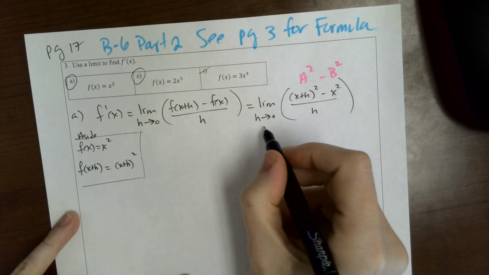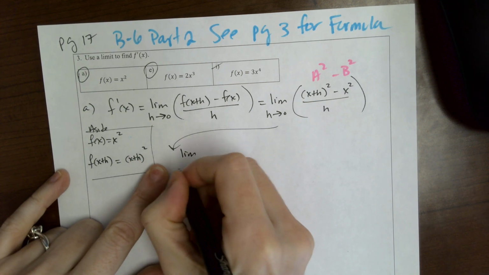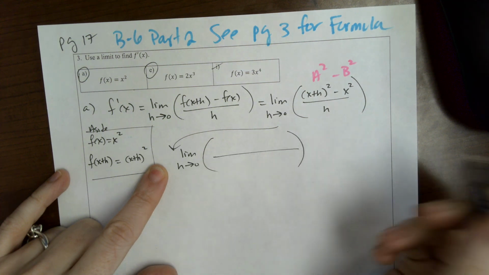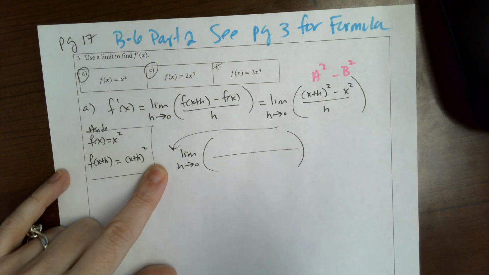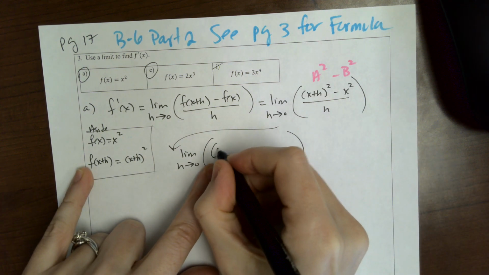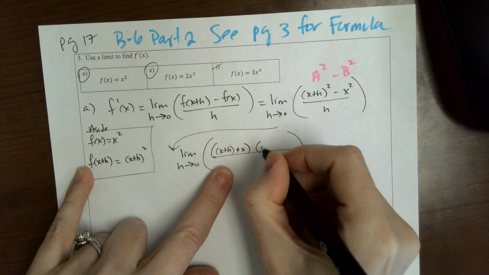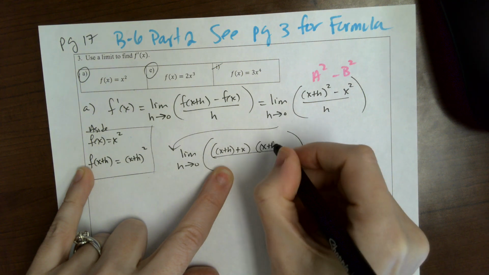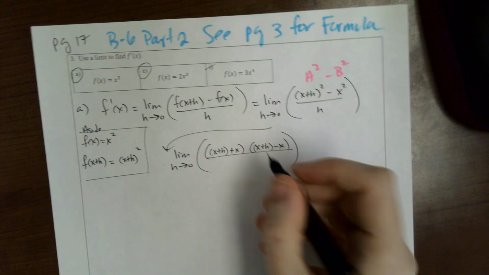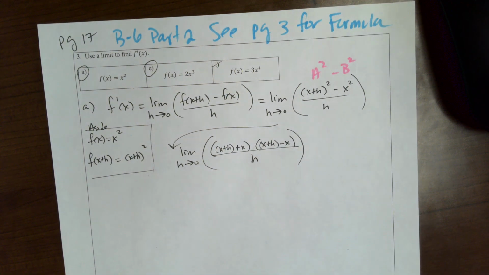So let me move over here. Limit as h approaches 0. Now in the top, I'm going to have a plus b times a minus b. So this is x plus h plus x, times x plus h minus x, all over h.